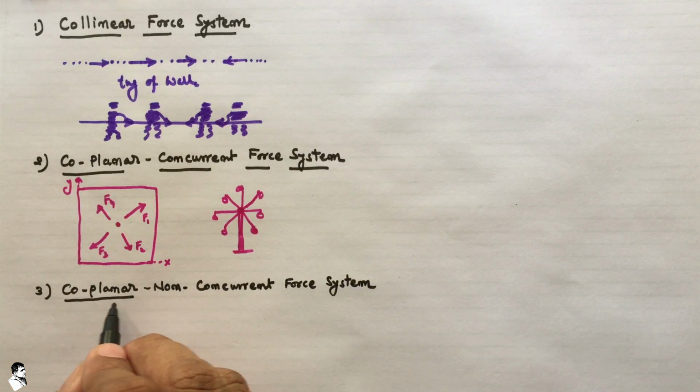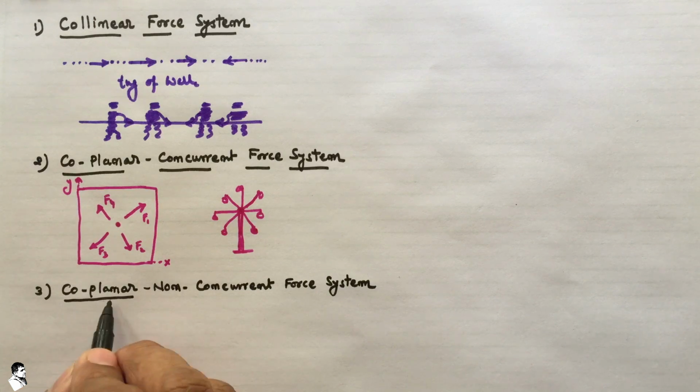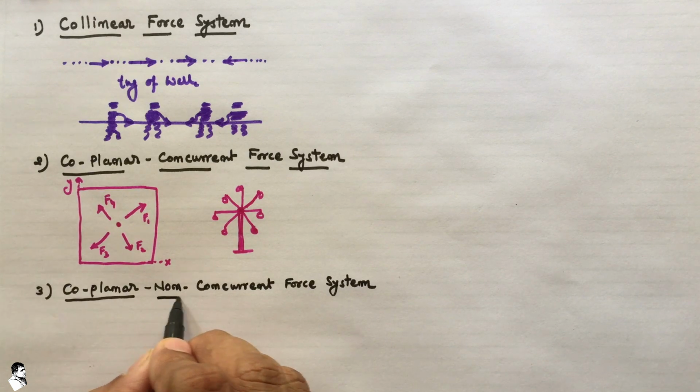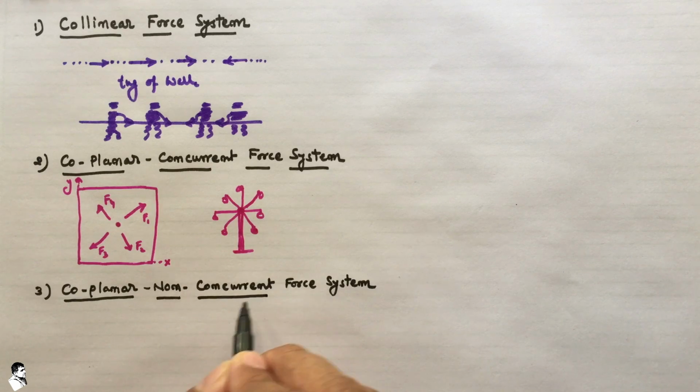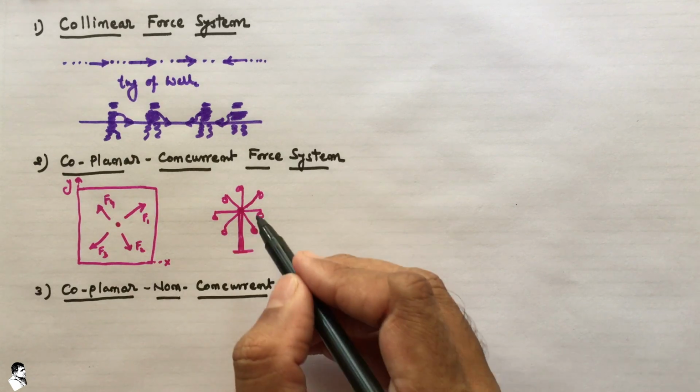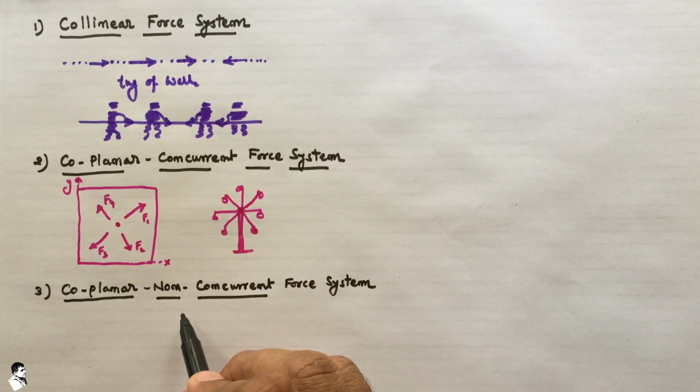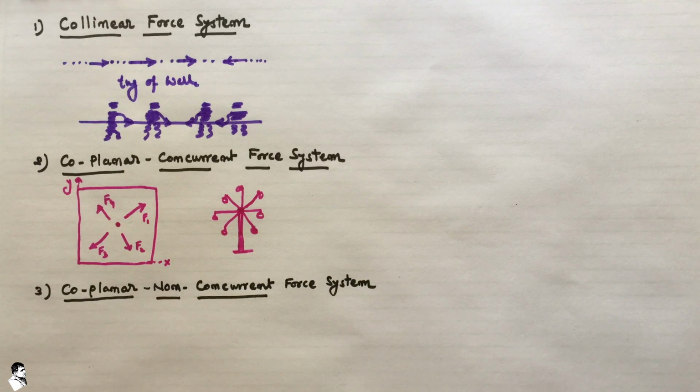So here coplanar is there, but non-concurrent. So the second one is concurrent, and this one is non-concurrent. So again I tell you that this type of force system consists of forces acting in a plane, because of the coplanar, and acting parallel to each other, right?